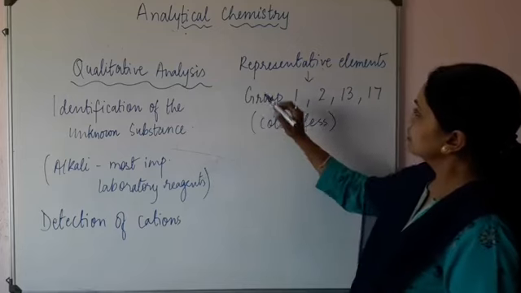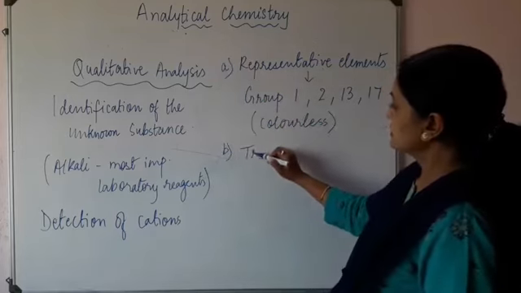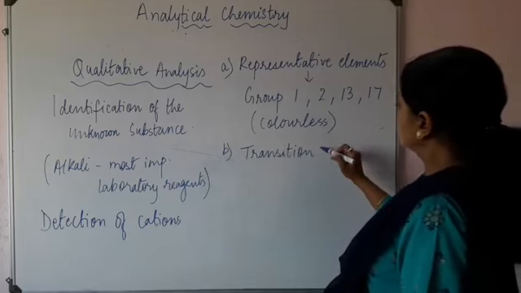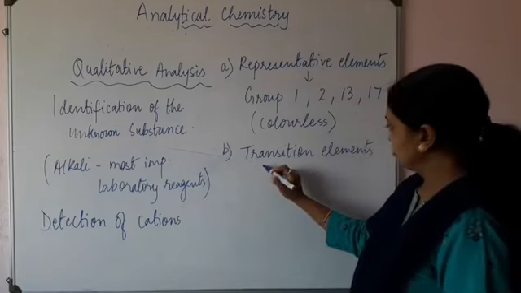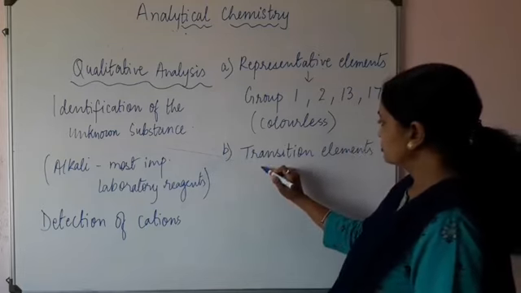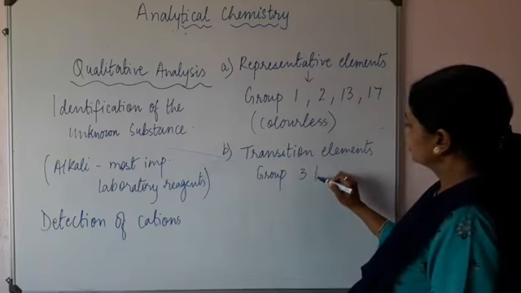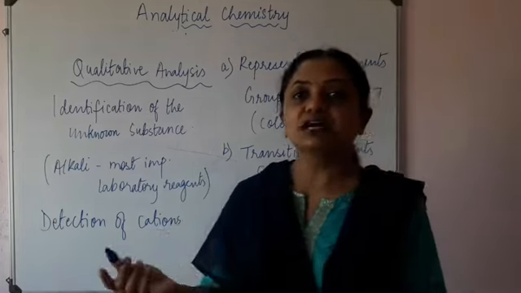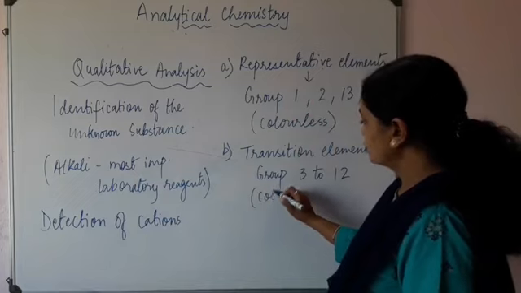The other type of substances are transition elements. Transition elements are the elements which are present in the periodic table from group 3 to 12, and these are mostly colored.